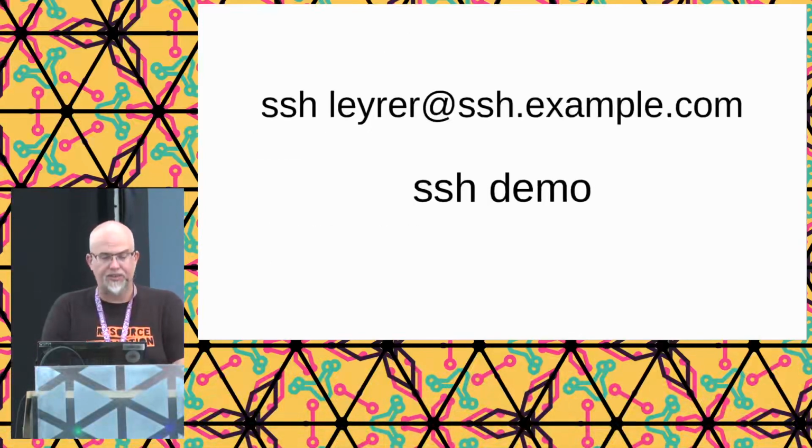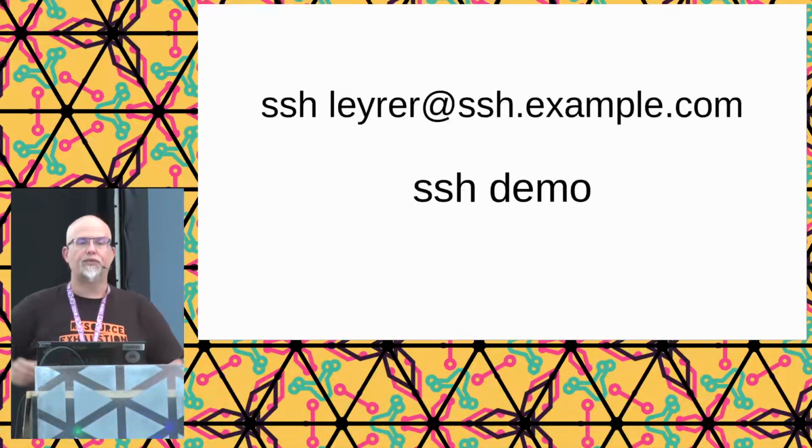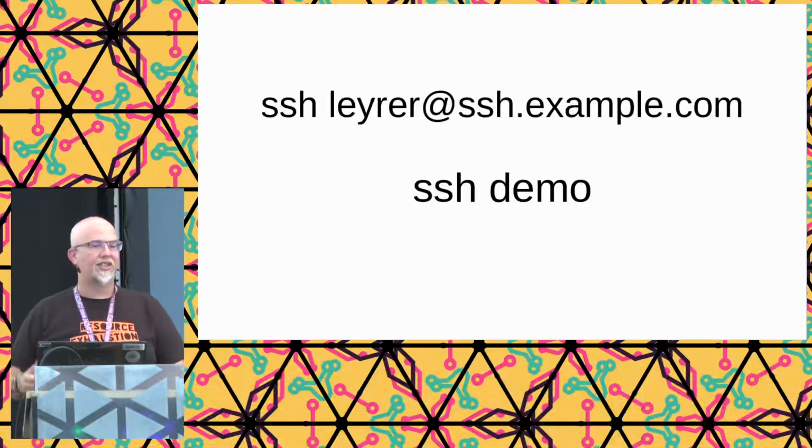So compare these two statements. The first one is the one I showed you at the beginning. It's ssh username at hostname, and now I just have to type ssh demo, and everything I specified in my config file is applied, and I don't have to type it myself.